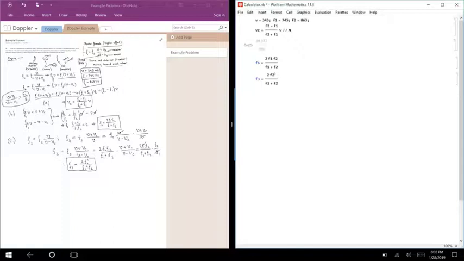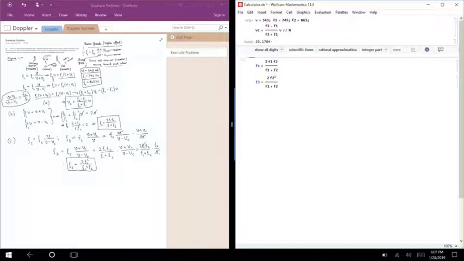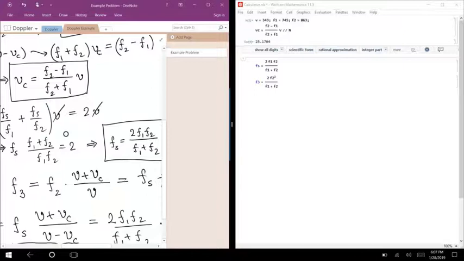So we find that this is 25.17. That tells us that the car is moving with a speed of 25.17 meters per second, and that is our numerical answer for this part of the problem.